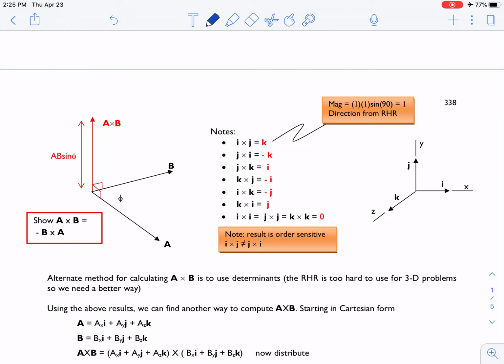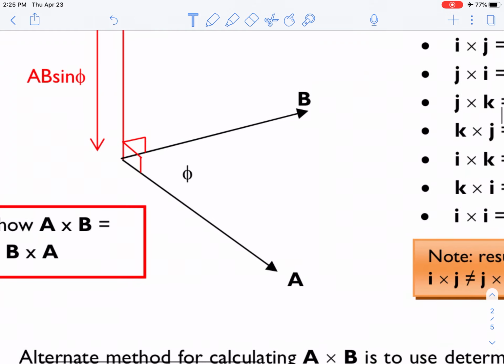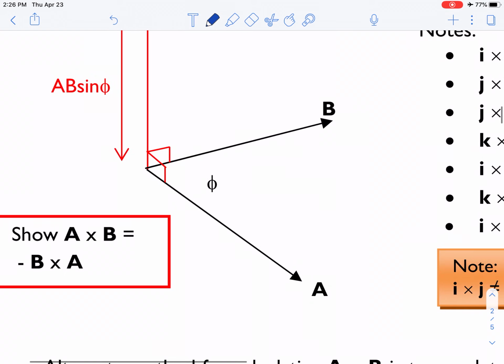So what you're doing here is you are pointing your four fingers. I'm gonna try to draw four fingers here. Let's do this. 1, 2, 3, 4. And your stretched out thumb like this.